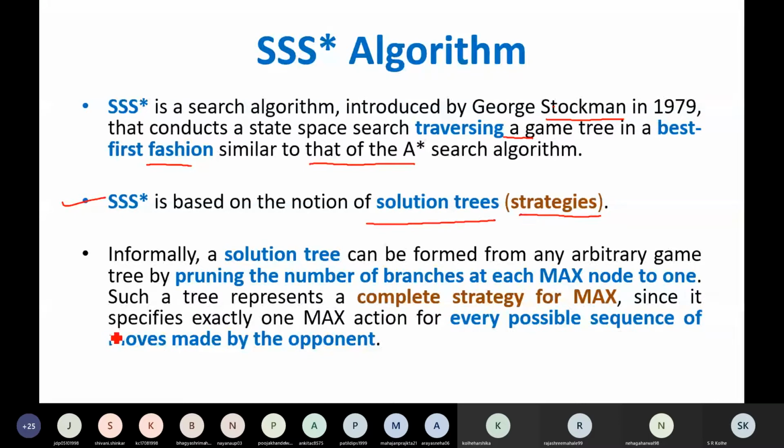That was not the case in the alpha beta cutoff algorithm. In alpha beta cutoff, we used to ultimately reach the terminal nodes. That is not the case here. Here we will be working on strategies or solution trees, complete solution trees.